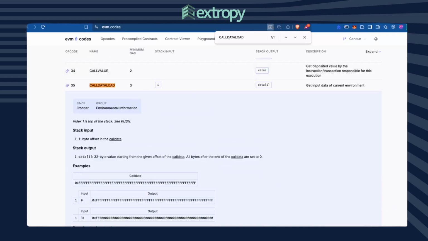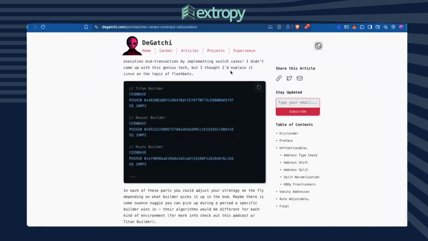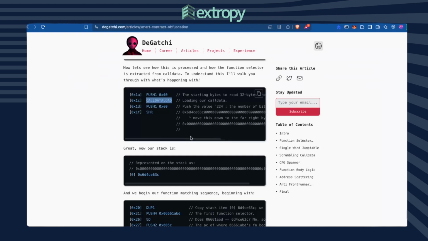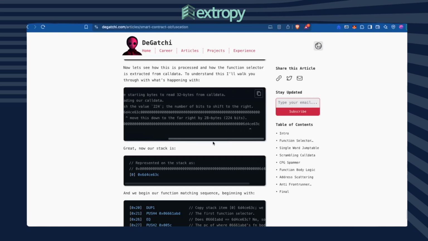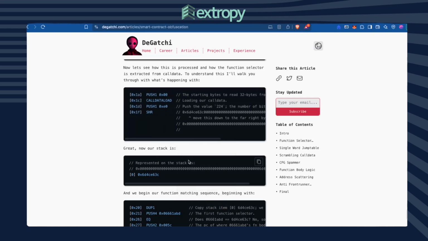So that's what that is doing. And this is doing a shift. I think this is shifting to take out the function selector there.